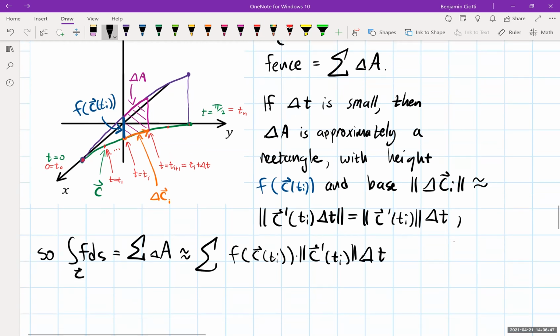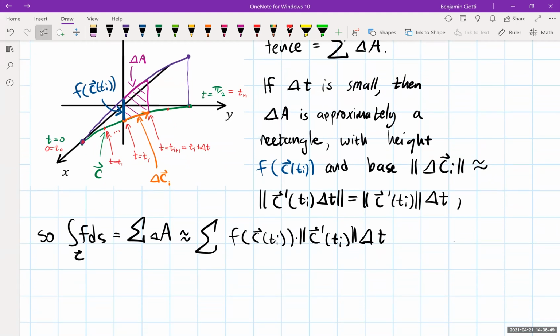Now, does that expression look familiar? Maybe, depending on how comfortable you are with Riemann sums, but as you let the number of subintervals go to infinity, this approaches the integral from a to b.